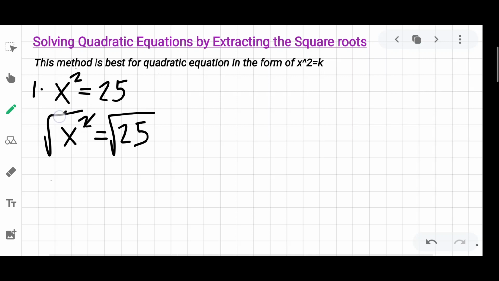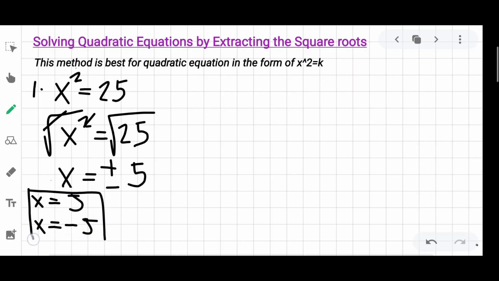So, dahil doon makakancel na si squared, ang maiiwan na lang ay x equals. Again, what is the square root of 25? Yes, the answer is positive and negative 5. Dalawang sagot. So, we have x is equal to 5 and x is equal to negative 5. So, dalawang answer for this.